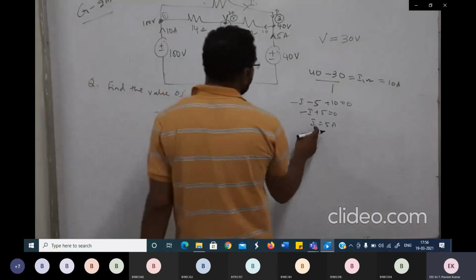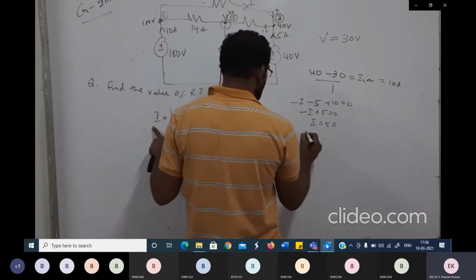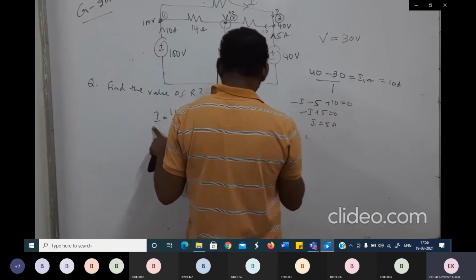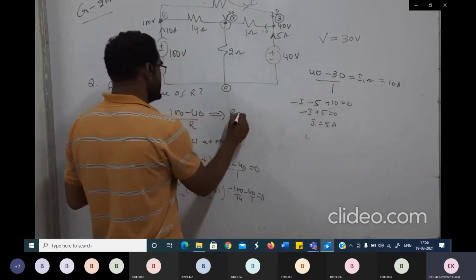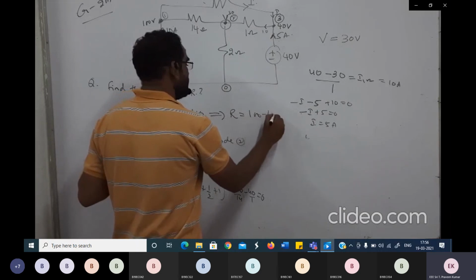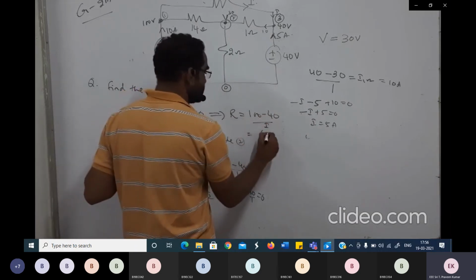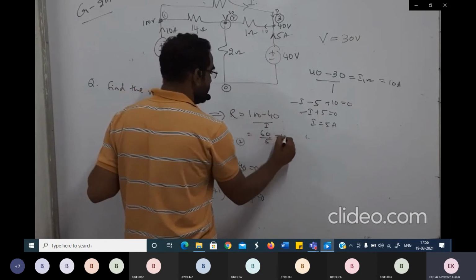Now when you get I equals 5 ampere, as I already told you, R equals 100 minus 40 divided by I, which equals 60 by 5, which is 12.